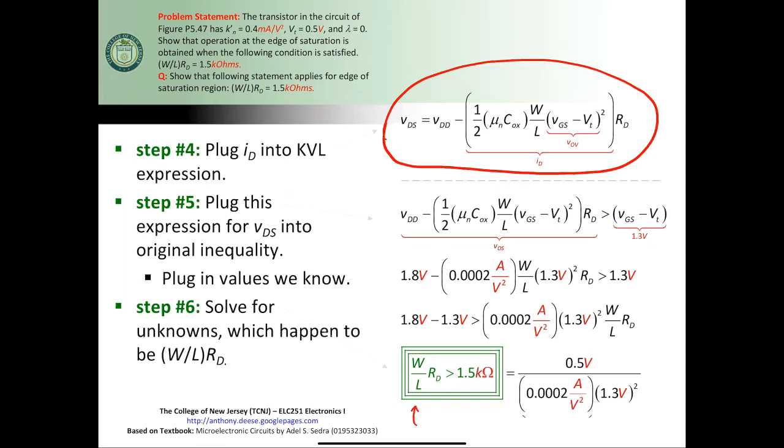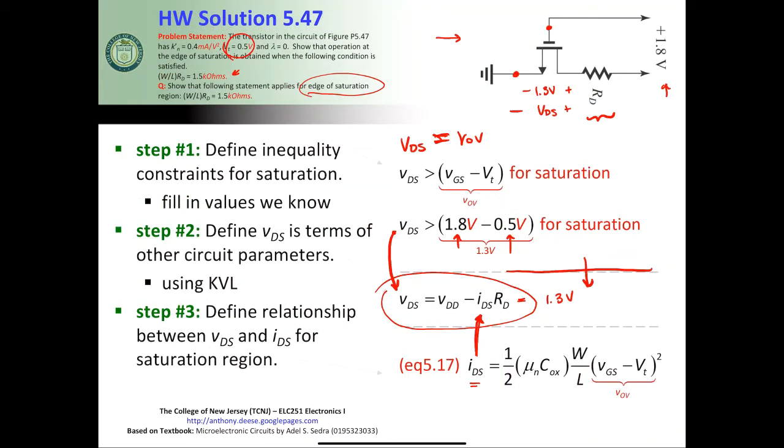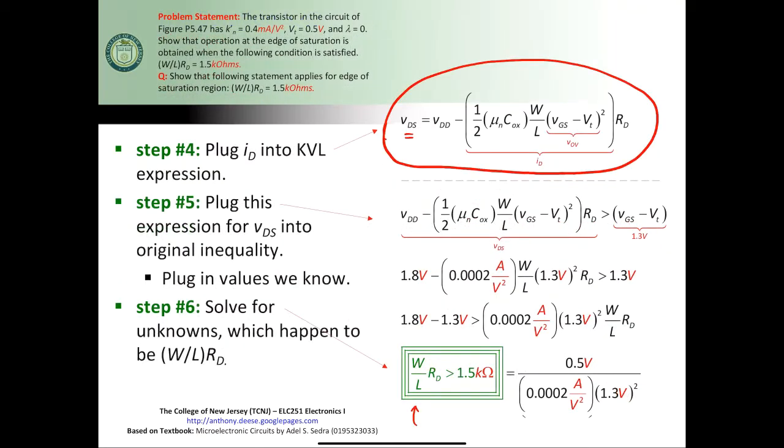What we do is we replace our value of VDS with this right here. That's the reason why it goes from being equal to VDS to, below, all of a sudden greater than VGS minus VT, because we made that substitution right here. So we make that substitution, we plug in the values that we know, and we solve down.